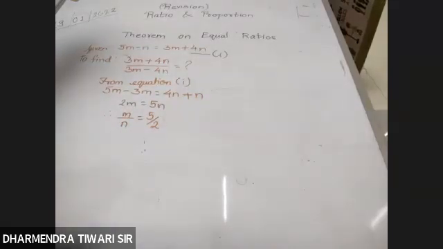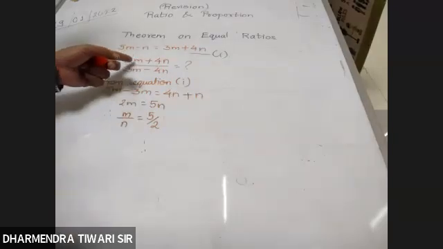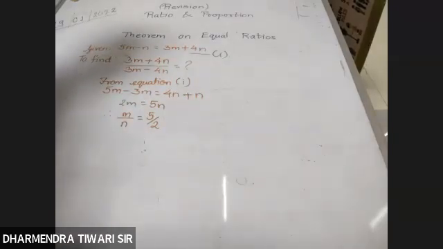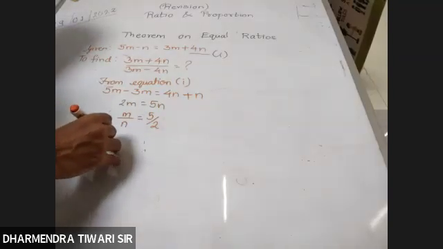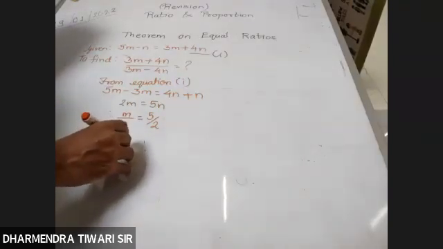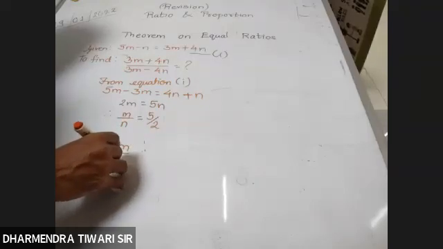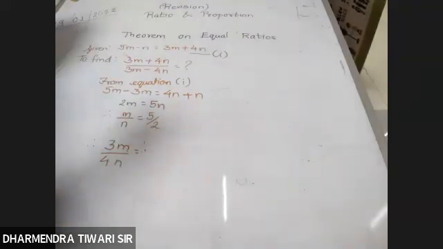Once we get the value of m upon n, as per requirement, we can see that we want the value of 3m plus 4n and 3m minus 4n. So along with m, we are having 3 and along with n, we are having 4. So what we will do, we will multiply. Therefore, 3m upon 4n. What we are doing, we are multiplying by 3 by 4 on both sides.